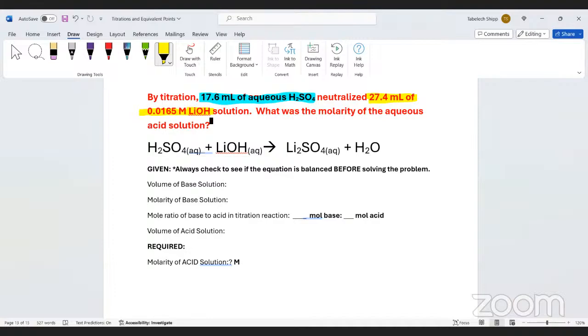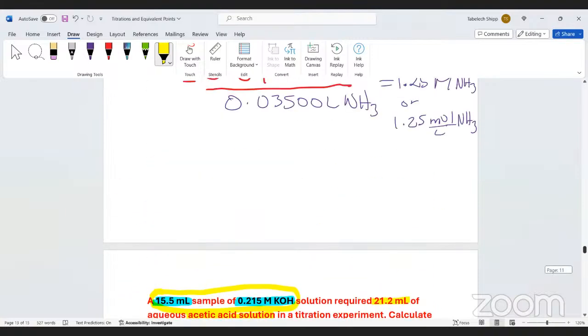So, Seth, you can use that formula, but you also got to use an extra step in the problem, which is using the coefficients. So yes, it's similar to M1 times V1 equals M2 times V2, which is what we were talking about earlier. Oh, I erased it.